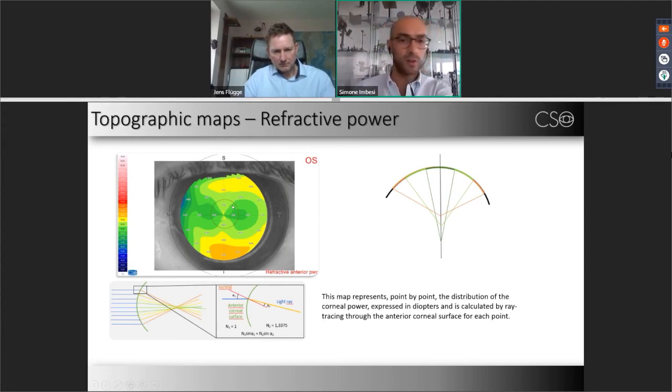The map of refractive power reports the most refractive zones with warm colors, and the less refractive zones with cold colors.